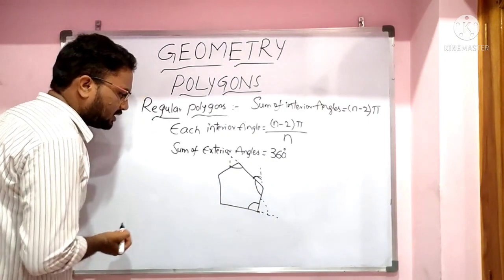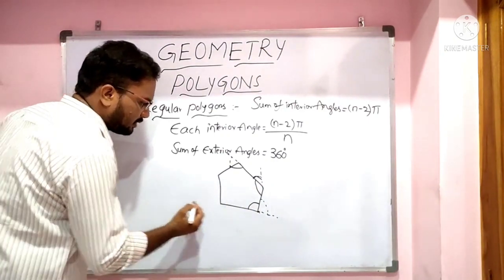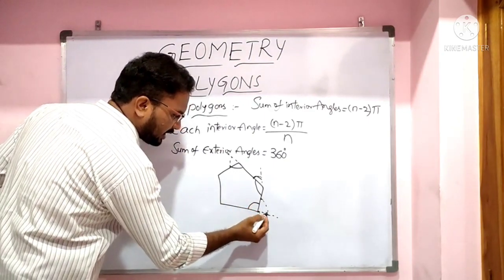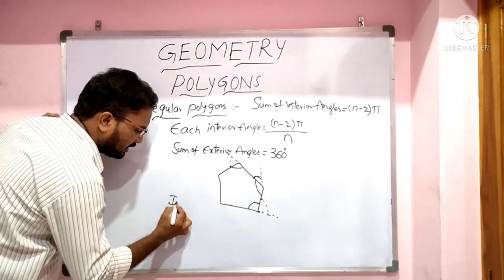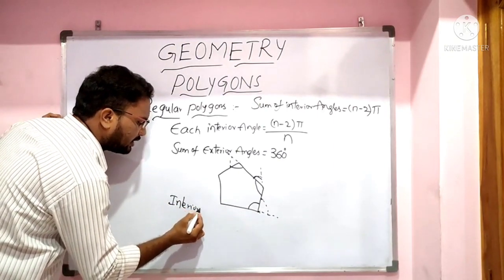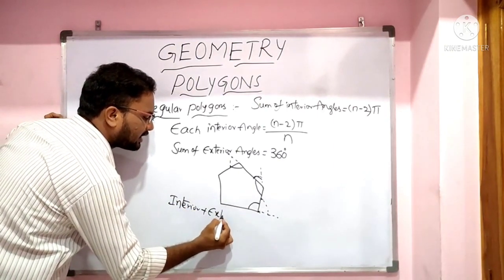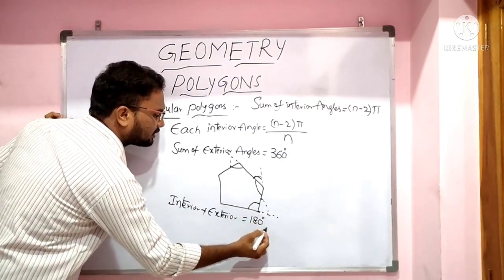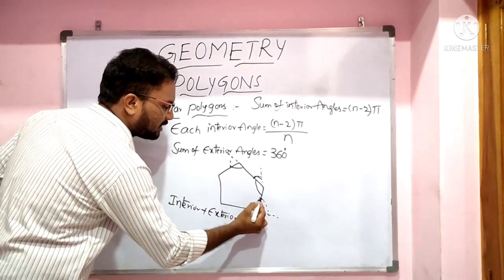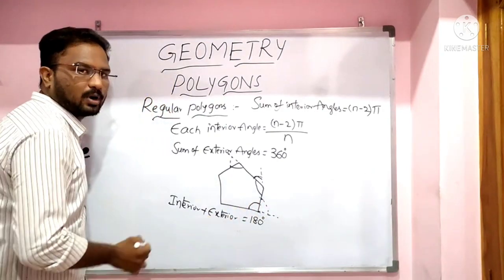In a polygon, the sum of an interior angle and its corresponding exterior angle equals 180 degrees. This angle plus this angle equals 180 degrees.